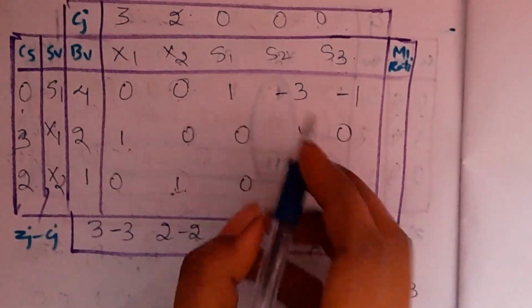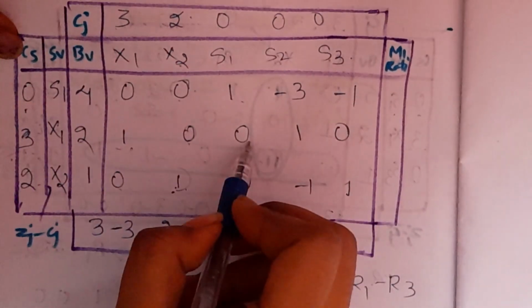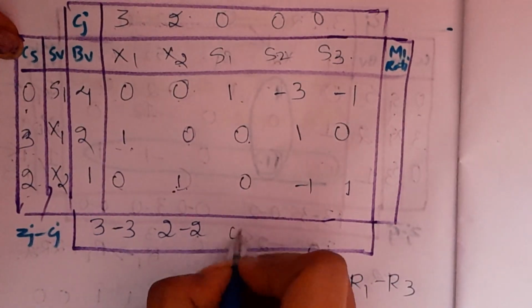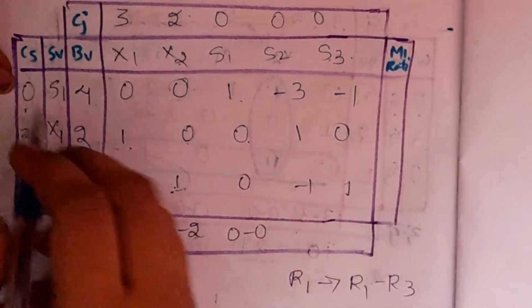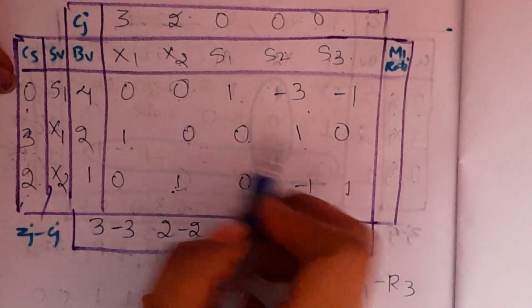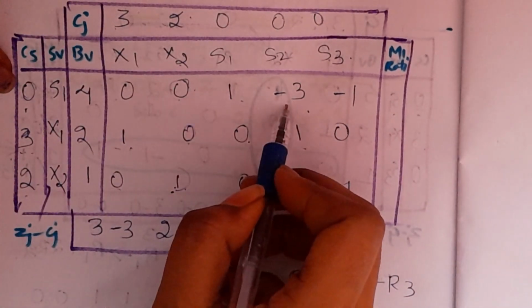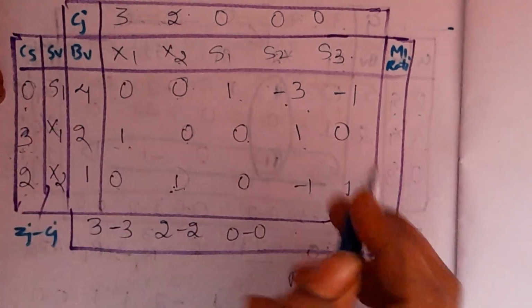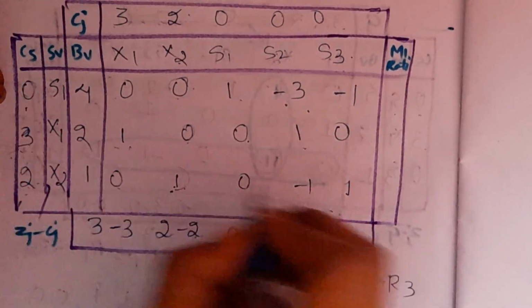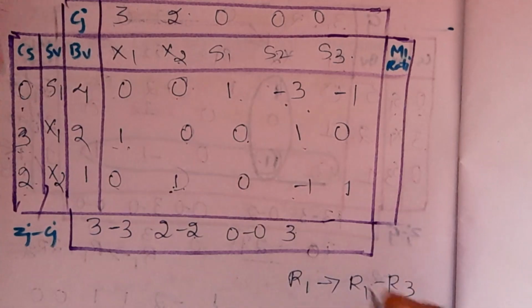Next 0 into 1, 0, 3 into 0, 0, 2 into 0, 0, minus 0. Next 0 into minus 3, 0, 3 into 1, 3, 3 into minus 2 into minus 2.